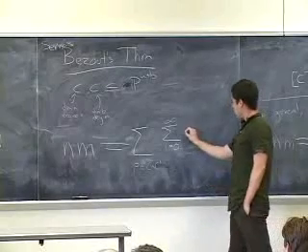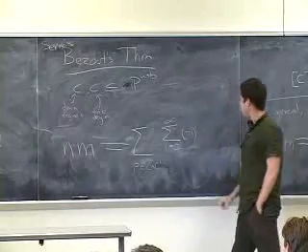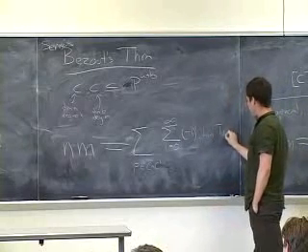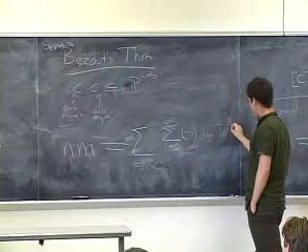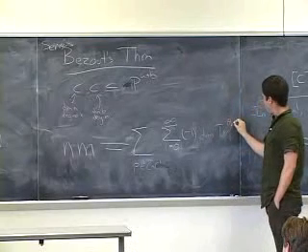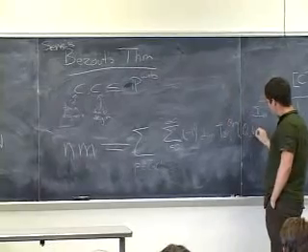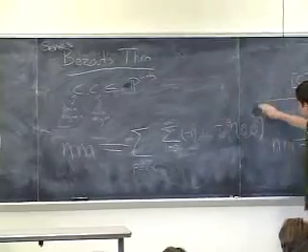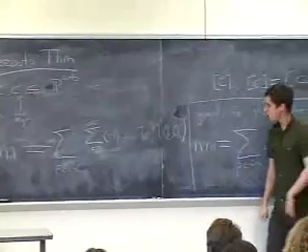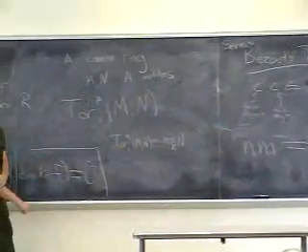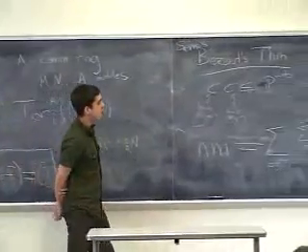So it's an alternating sum, (-1)^i, times the dimension of the group Tor_i of the ring of functions of C with the ring of functions of C prime.